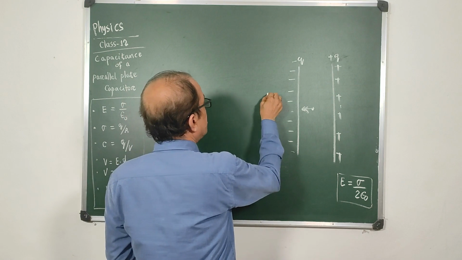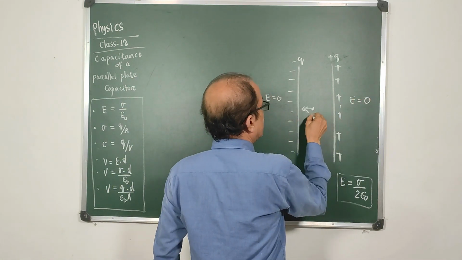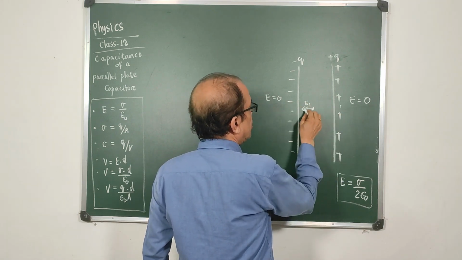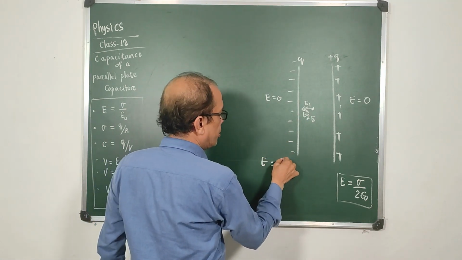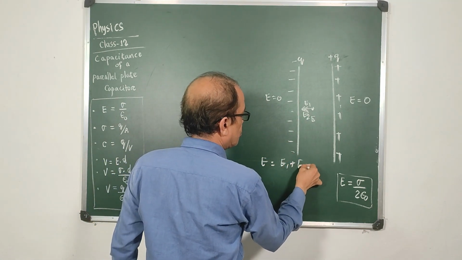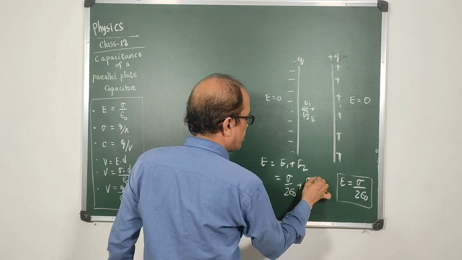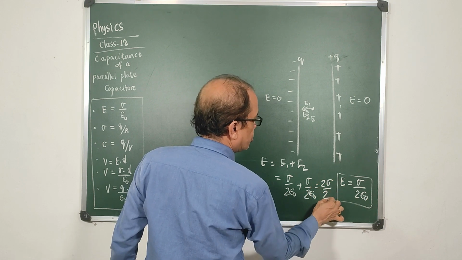So E is 0 here, E is 0 here, but what is E here? You see that E1 is heading this way, E2 is heading the same way. So the total field E will be E1 plus E2, which is sigma by 2 epsilon 0 plus sigma by 2 epsilon 0, which is equal to 2 sigma by 2 epsilon 0.